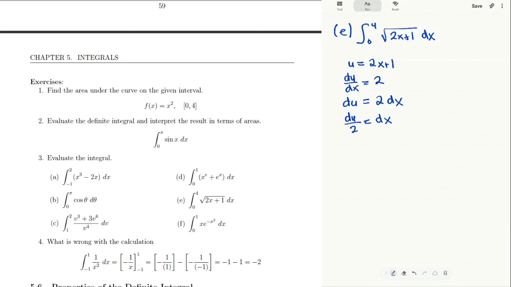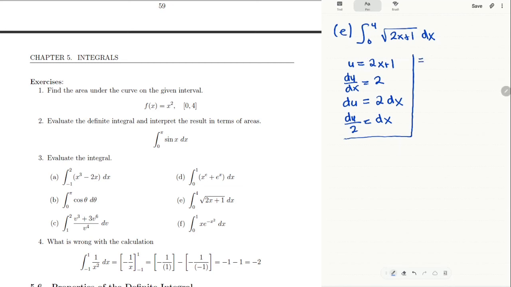Now here, since we're looking at a definite integral, we need to be careful about the limits of integration when we are using a substitution. And so one method of taking care of our limits of integration is to write in that these are x limits of integration.